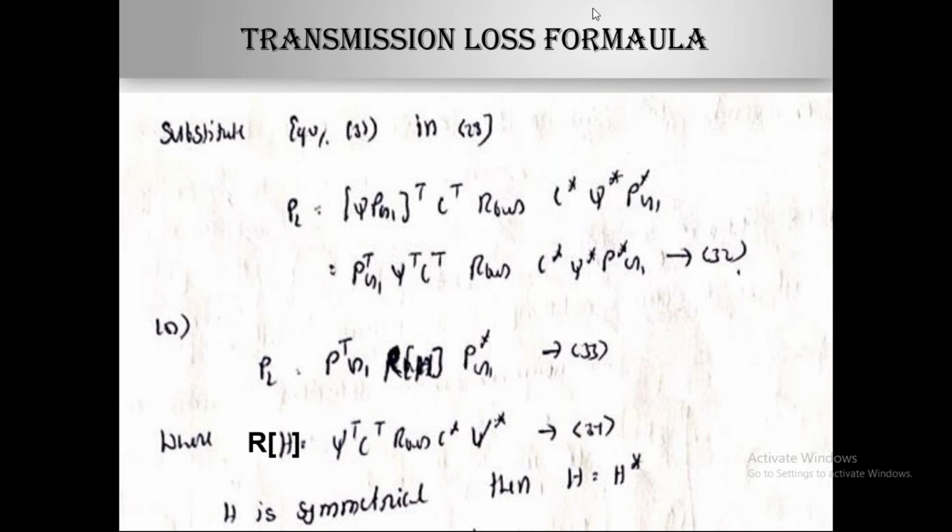Now this term is used for finding the B coefficients that we discussed in transmission loss included for optimum scheduling, and this equation 34 is used for finding the B coefficients.